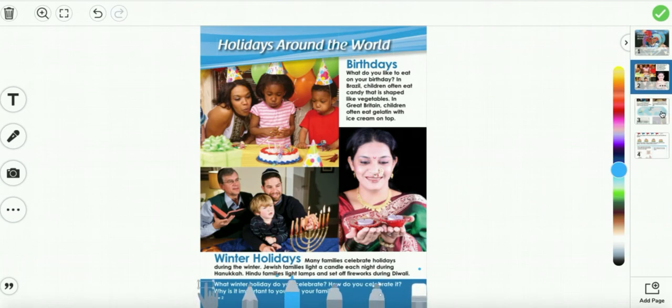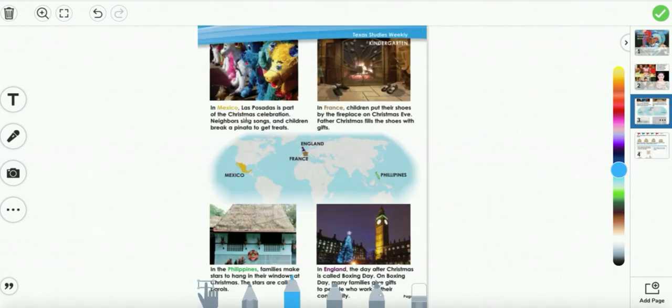Let's go to the next page. In Mexico, Las Posadas is part of the Christmas celebration. Neighbors sing songs and children break a piñata to get treats. Here we have a picture of Mexico. In France, children put their shoes by the fireplace on Christmas Eve.